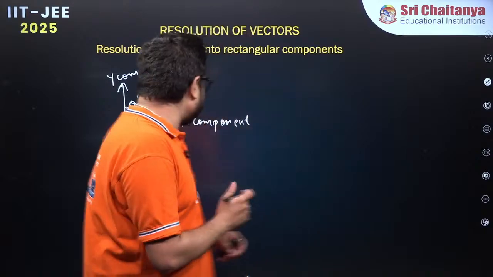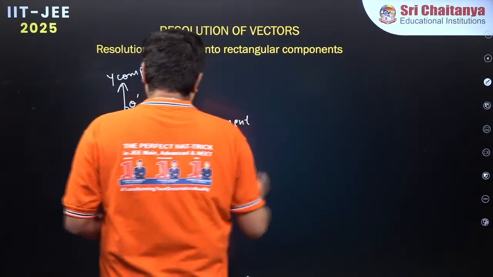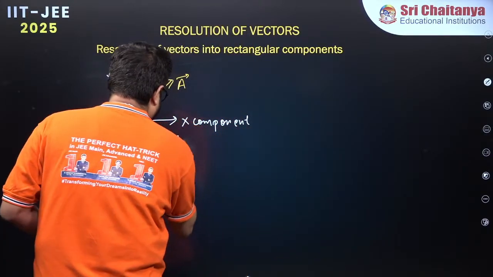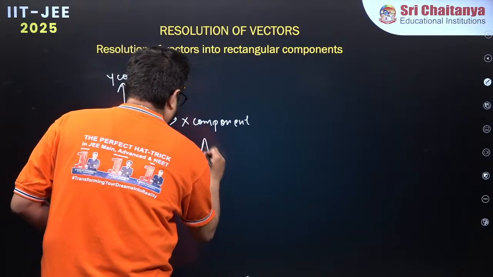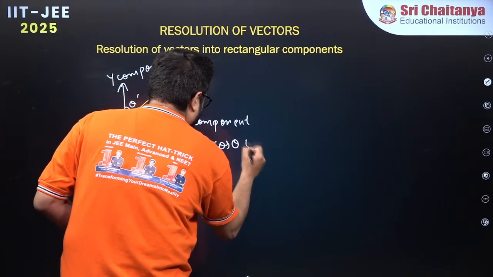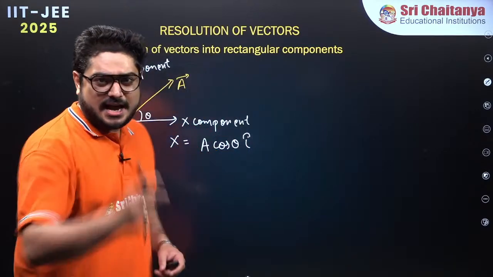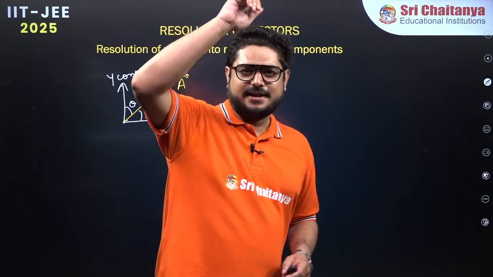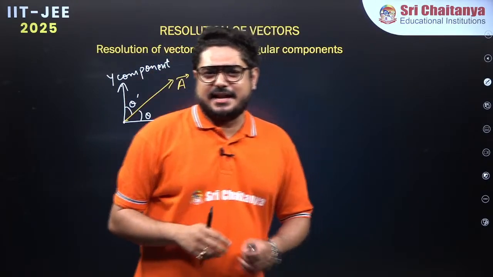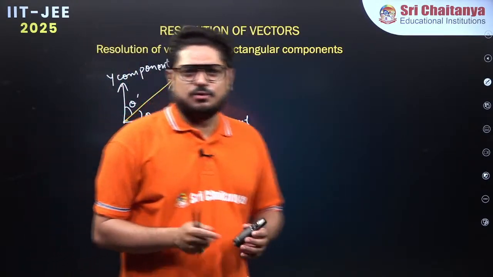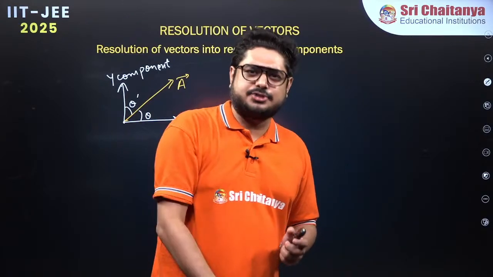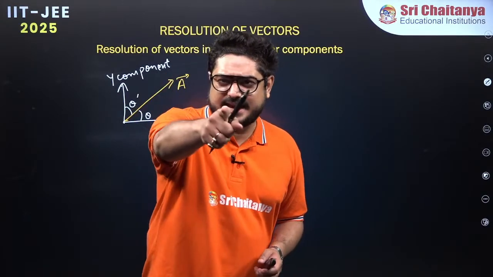So now what needs to be done is, this value of x can be written as A cos theta, and you know that it is going to be associated with some unit vector. We have studied that in the previous classes, that any vector which is directed along the x-axis will be associated with the unit vector i cap.